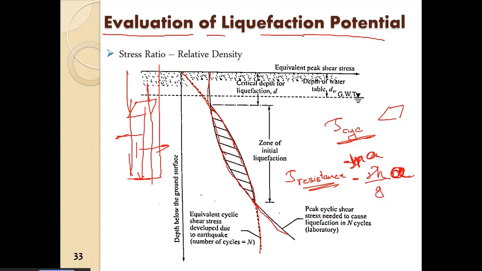Whenever the peak cyclic stress needed to cause liquefaction, that is the cyclic resistance of the soil, is less than the cyclic shear stress applied on the soil due to the earthquake motion, then the soil is susceptible to liquefaction. So we have this zone of liquefaction.